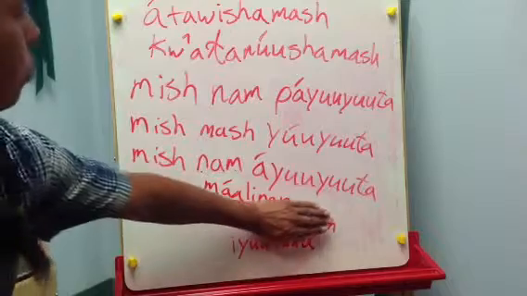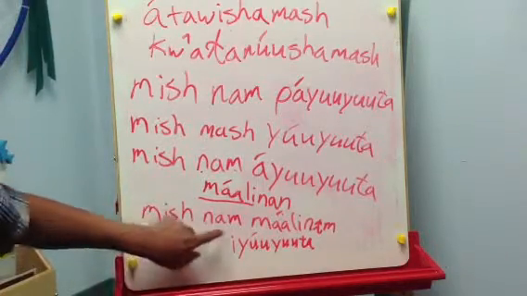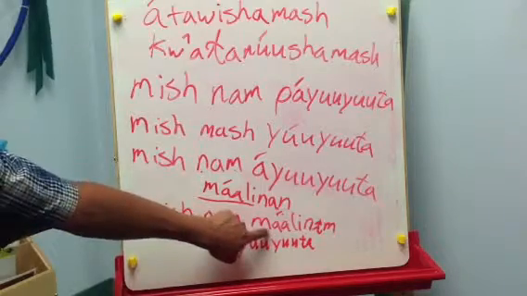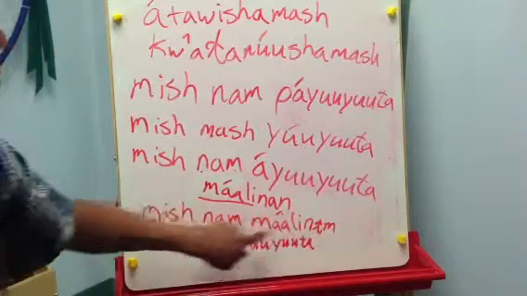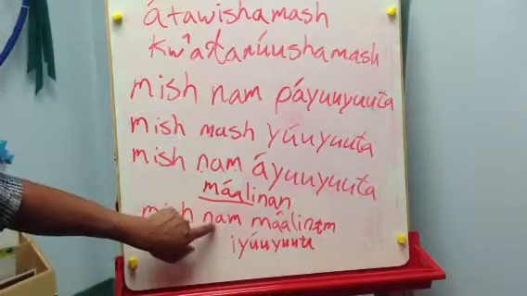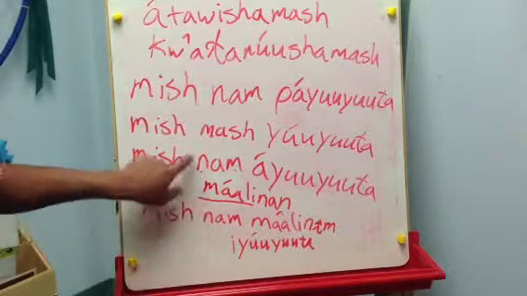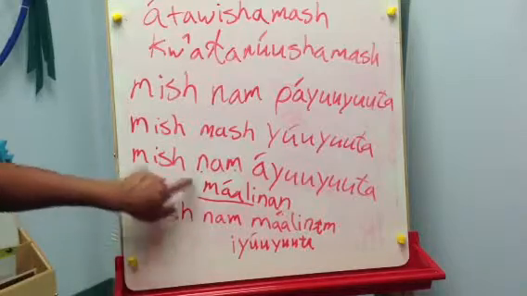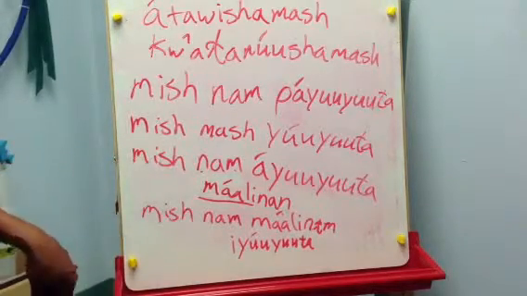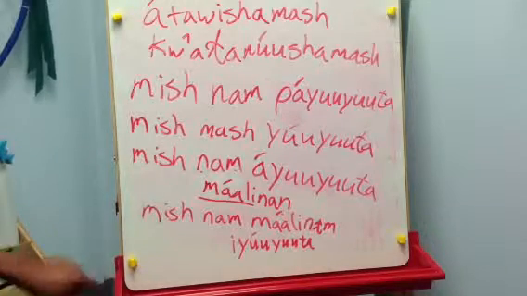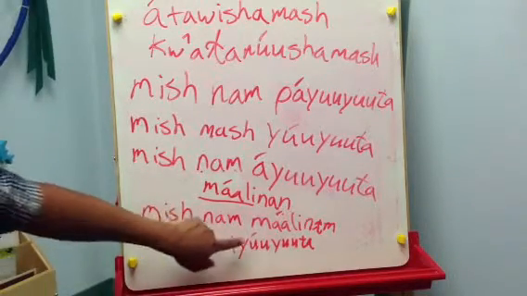And if there was no person there, it would just be Mishnam iyuyuta. Will she call you? But if you add the person's name in, now you have to put in num if you have I or you as an object. So this will always be in second position, regardless of whether it's a subject or the object. Mishnam. What tells you whether it's a subject or not is the rest of the sentence.